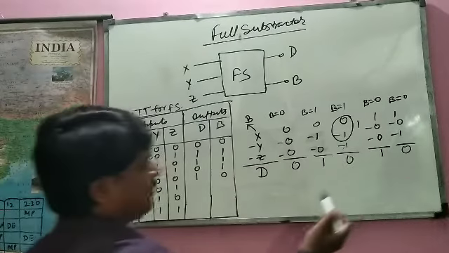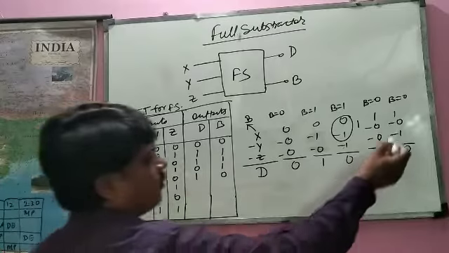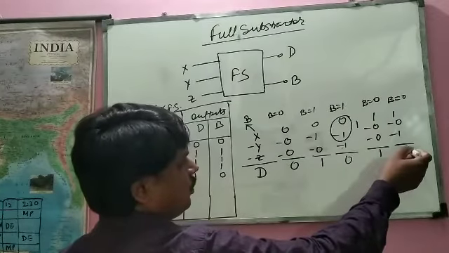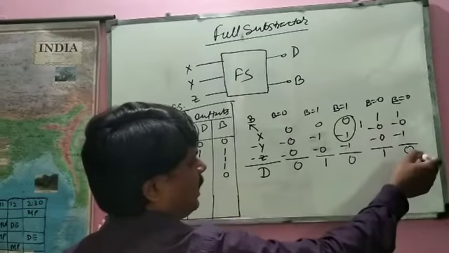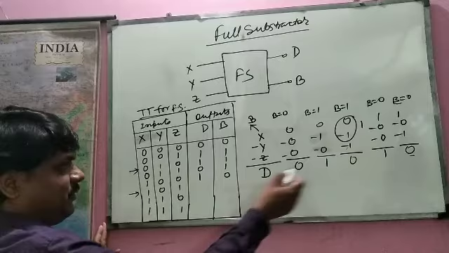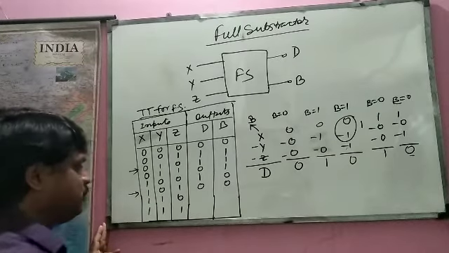From here, 1 minus 0 minus 1: 1 minus 0 is 1 and 1 minus 1 is 0. So there is no need of borrow and it is 0. So the difference is 0, and borrow is also 0.